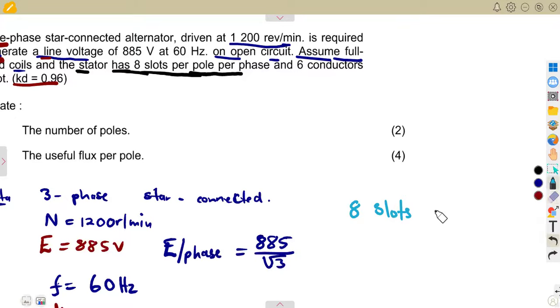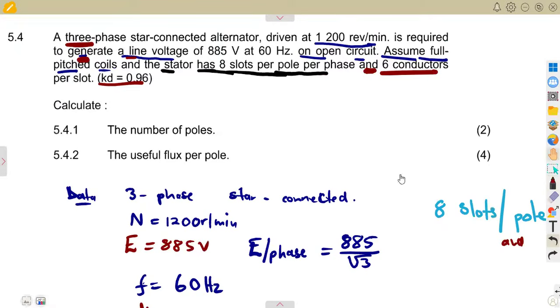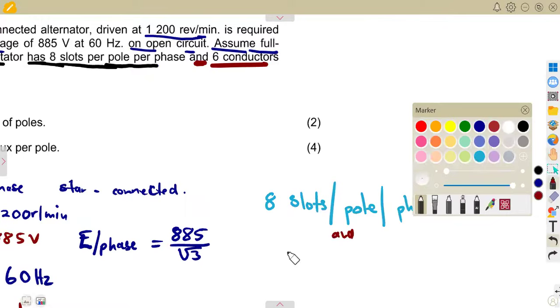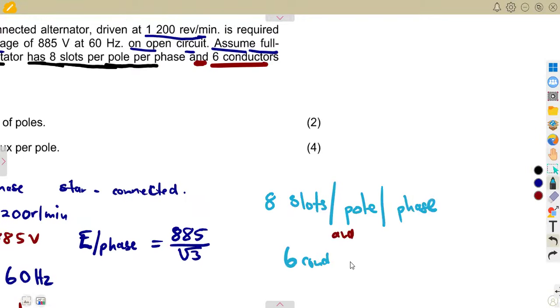So they are saying we are given 8 slots per what? Per pole, per phase. This is the first condition. And 6 conductors per slot. So this is another condition.